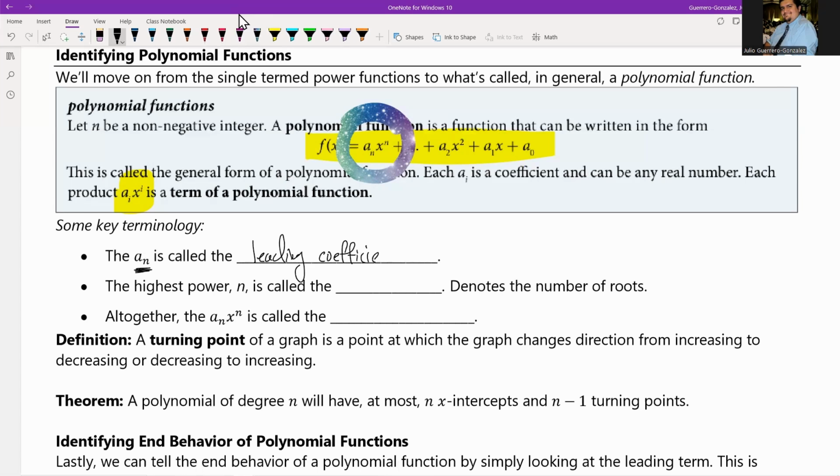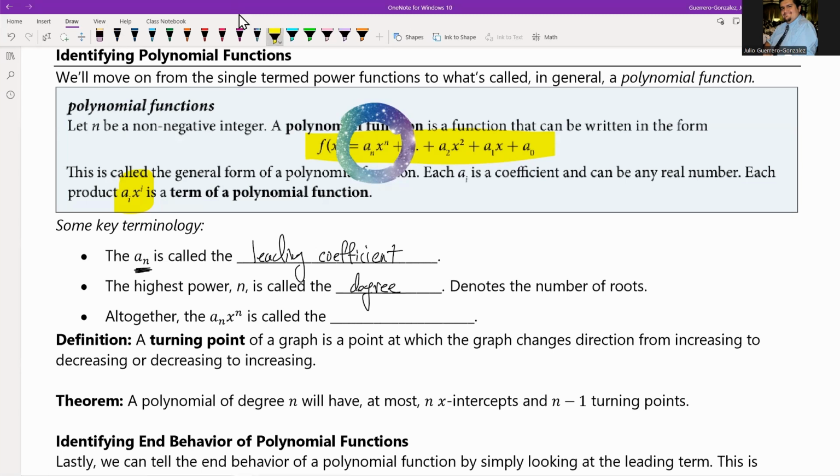The highest power that we see, in this case the n, we call that the degree of the polynomial. So if the highest power you see is a 2, that is a second degree polynomial. If it is a 5, that is a fifth degree polynomial. If it is a 10, that is a 10th degree polynomial, okay?